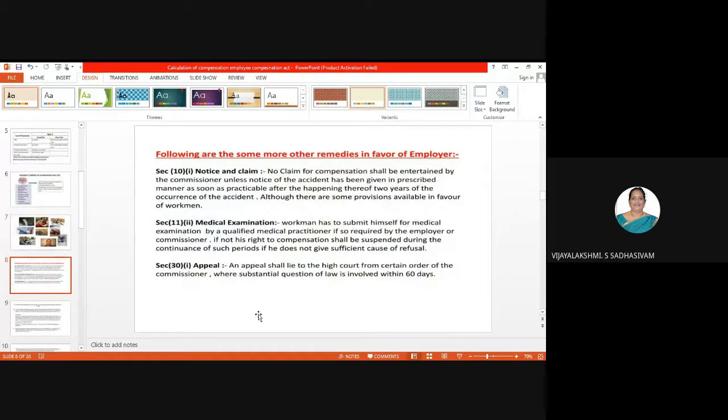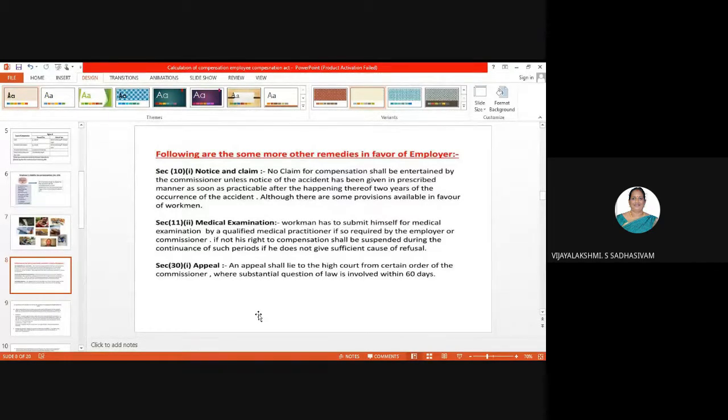So here, in case he has other remedies in favor of the employer, we have to give section 10, under section 10, a notice and a claim. No claim for compensation shall be entertained by the commissioner unless they give a notice of the accident.